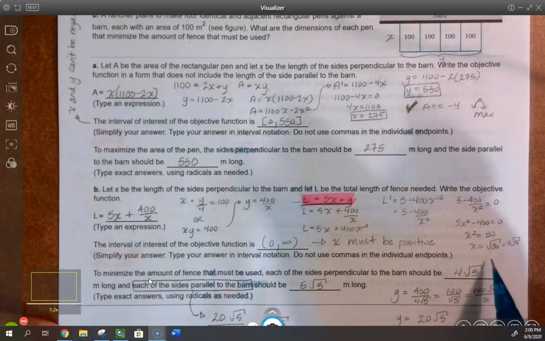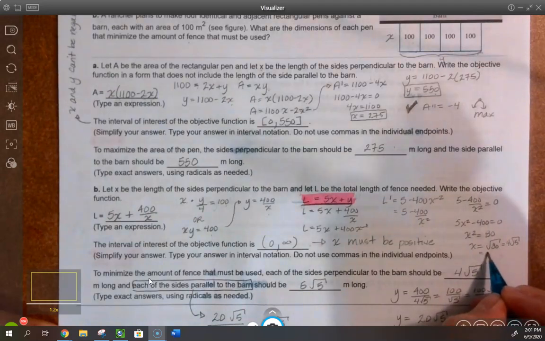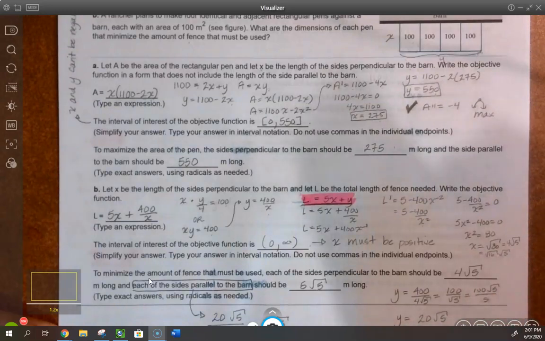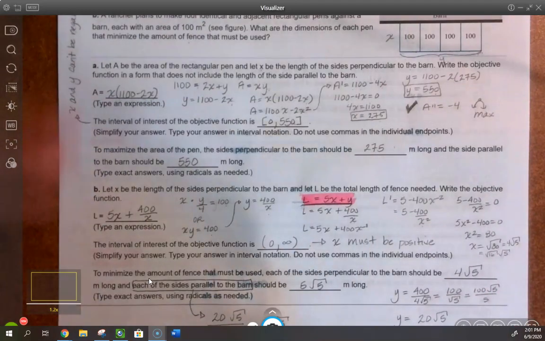I'm not sure what the program will do, if it will let you put in square root of 80. If not, you need to take out perfect squares. So this is the same thing as the square root of 16 times the square root of 5. And then square root of 16 is 4, and we leave the square root of 5. So that's where we get the 4 root 5.